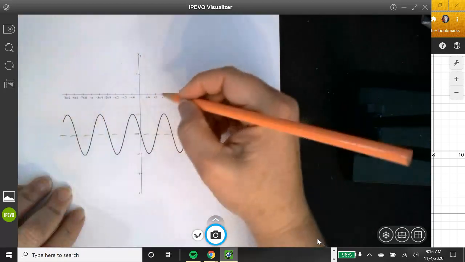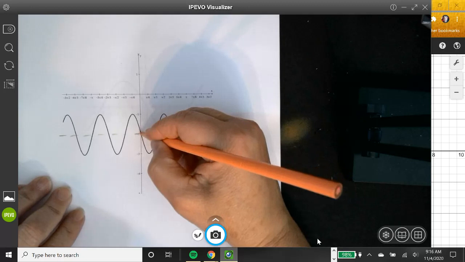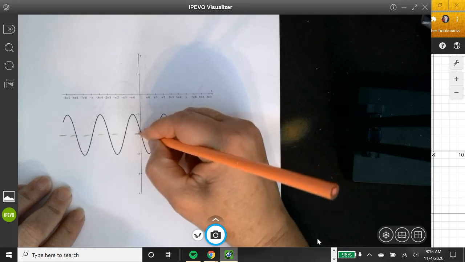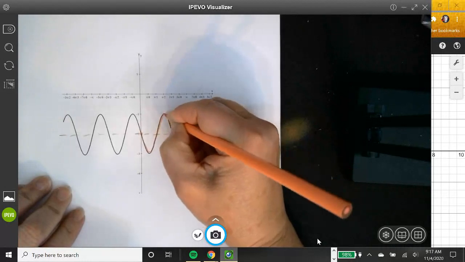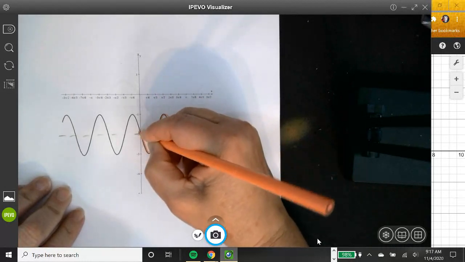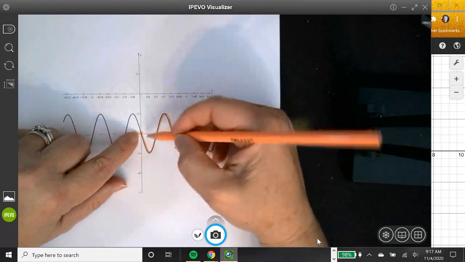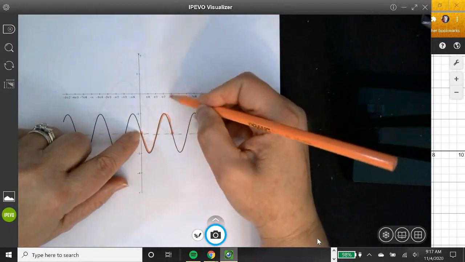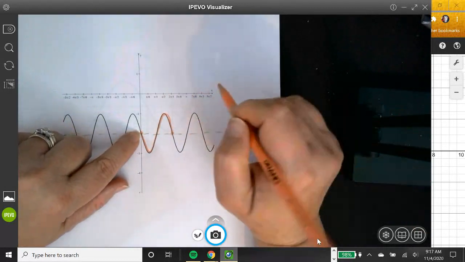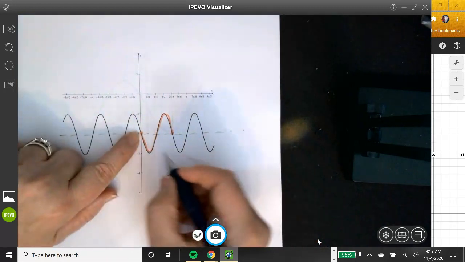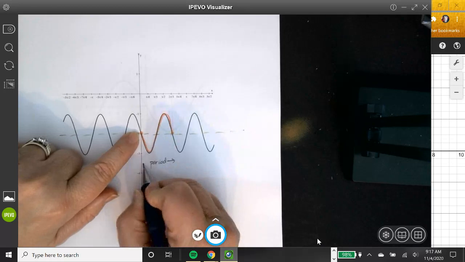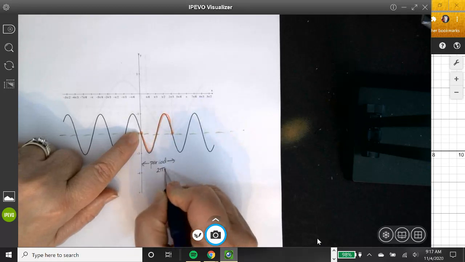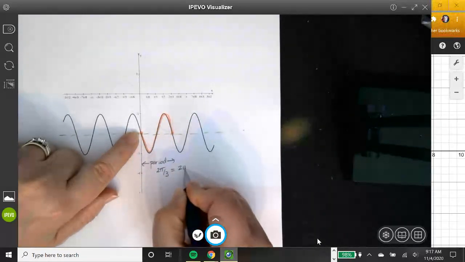What's the period here? Well, I think the easiest one to see is this one here, from here to here, maybe. Do you see how this is one cycle of a negative sine? And so we're going from 0 to, looks like, 2 pi over 3. So the period is 2 pi over 3, which equals 2 pi over b.